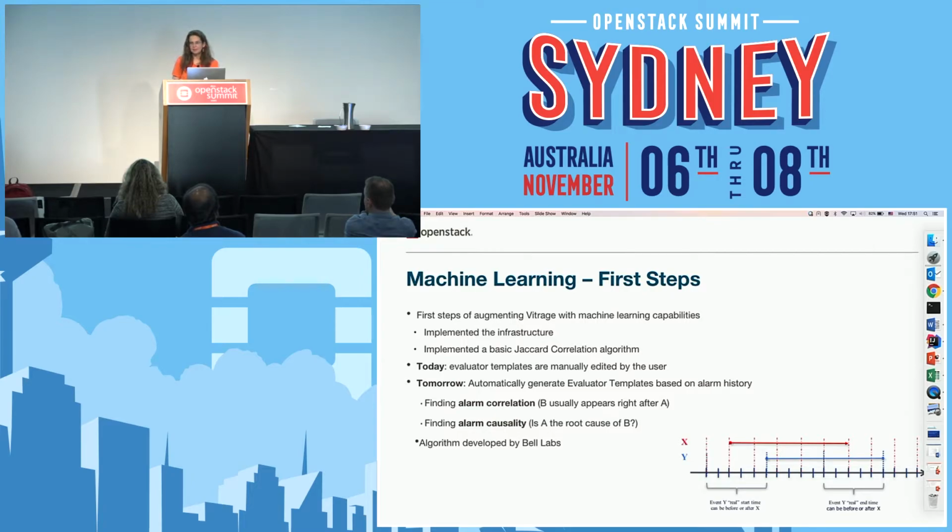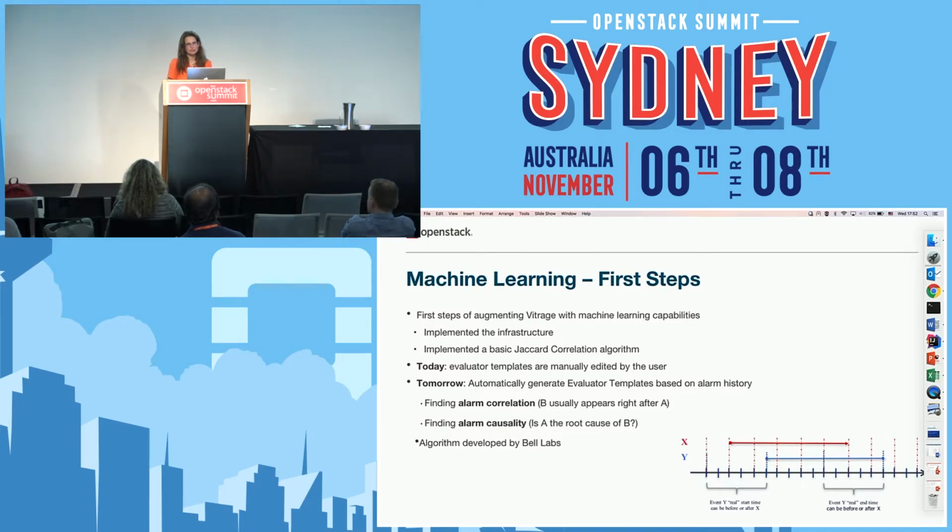We would ideally want a machine learning process to suggest new templates based on the history. So in case there is a root cause effect that is determined by an algorithm, it will suggest new templates to be used automatically. We have made the first steps. It means we have created an infrastructure for running machine learning algorithms.